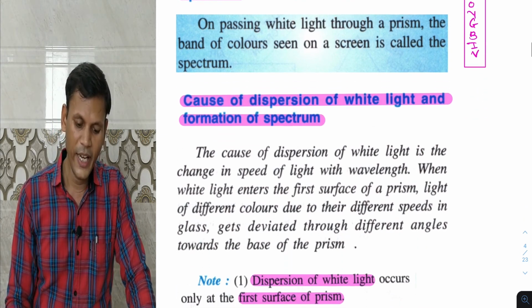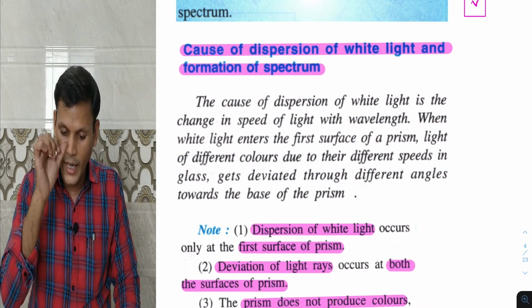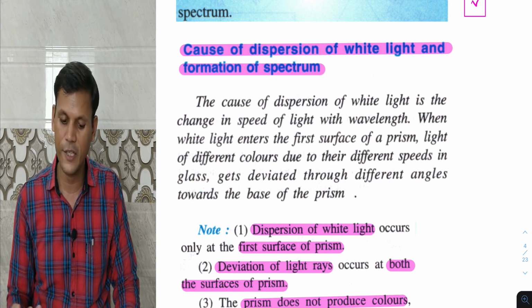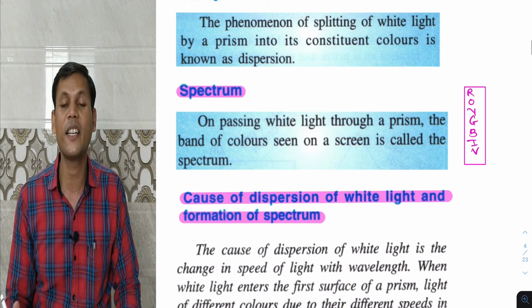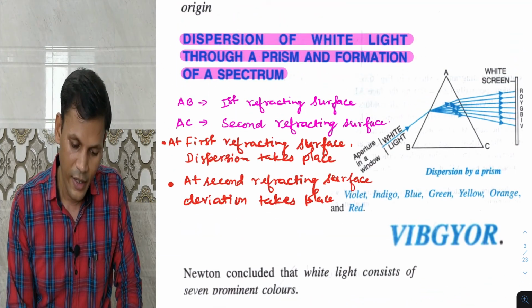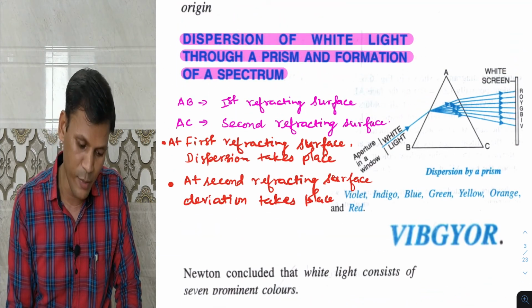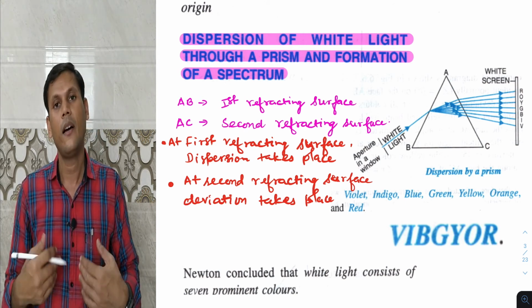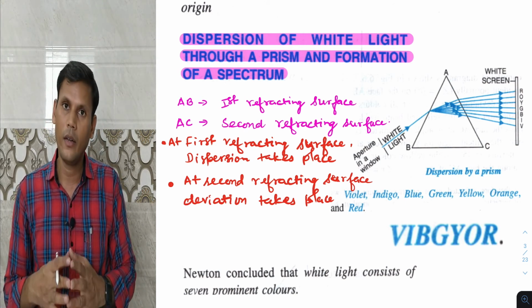Okay. Next, cause of dispersion of white light and formation of spectrum. So why dispersion takes place? As we can discuss again here, why dispersion takes place? Dispersion takes place due to different speeds.